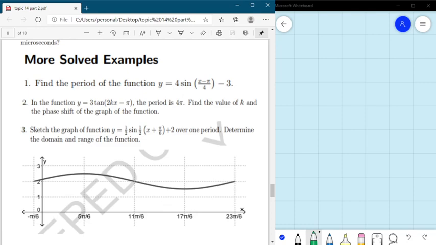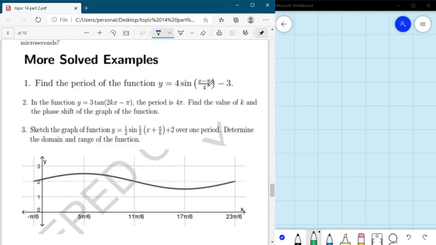Okay, so for number 1, we are going to find the period of the function y equals 4 sine of (x minus pi) all over 4, minus 3. In order to do this, we first factor out 1/4.